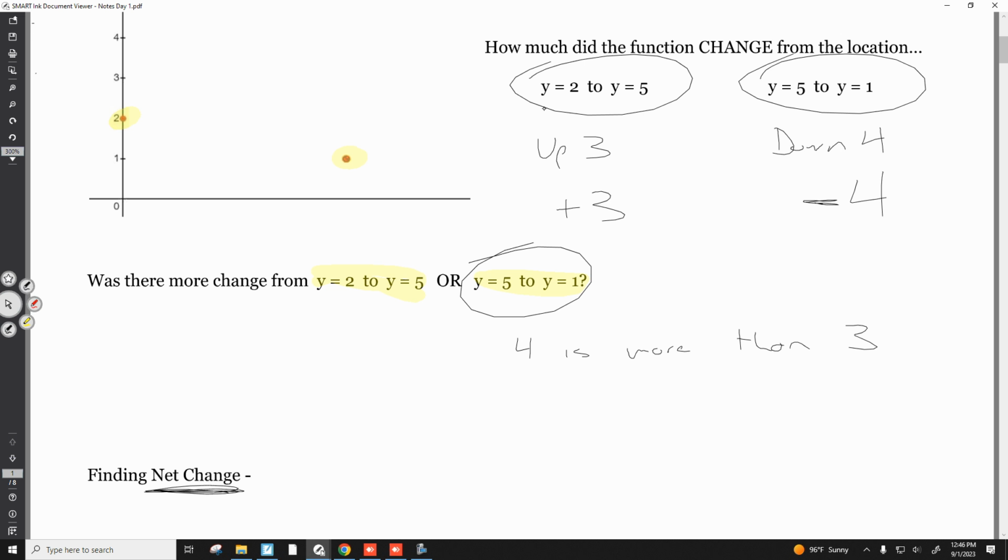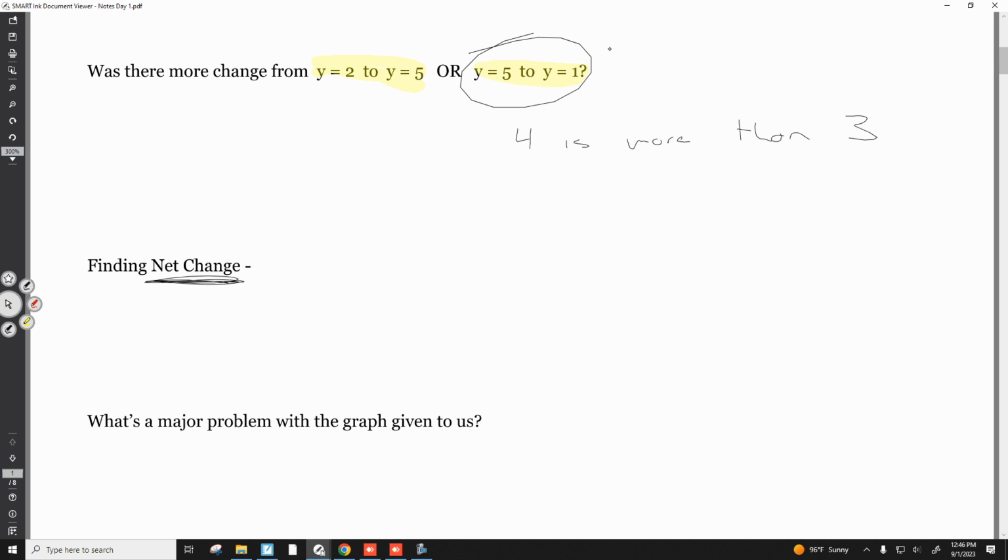Yes, I'm going to say, and this is important, that if you take a finishing value and you subtract a starting value, you will get an overall change in your value. Okay? So I'm looking at the change in my y's.